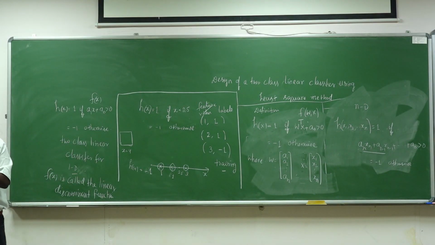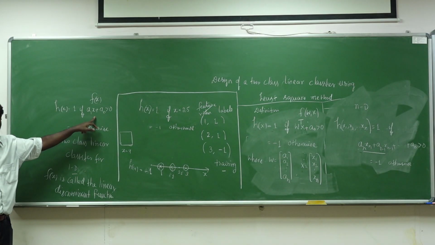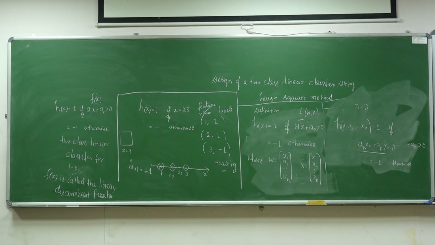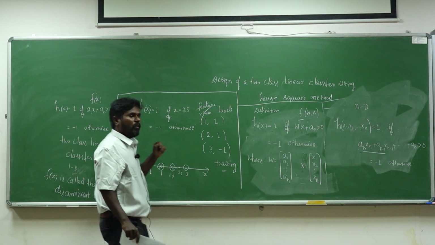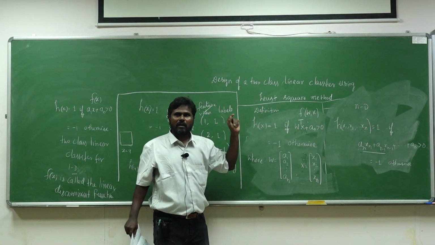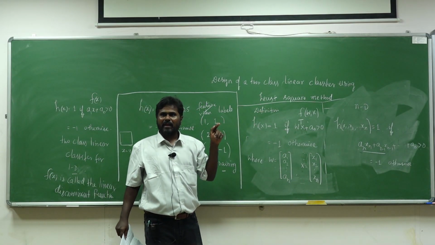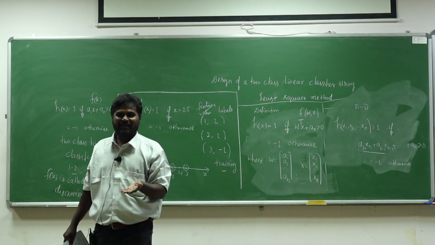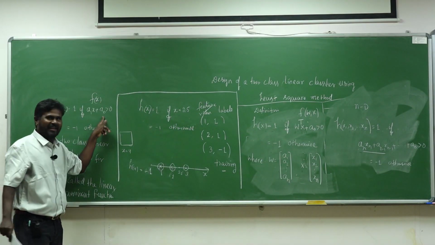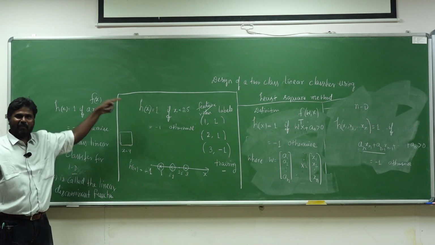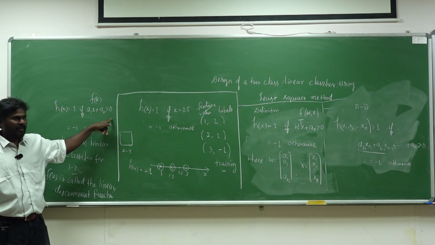There are many ways to get these parameters, but one of the methods you can use is the least square method. Can we apply the least square method to get these parameters? Yes, we'll apply it.